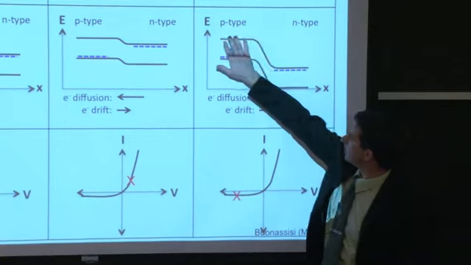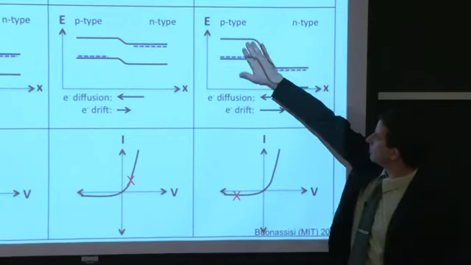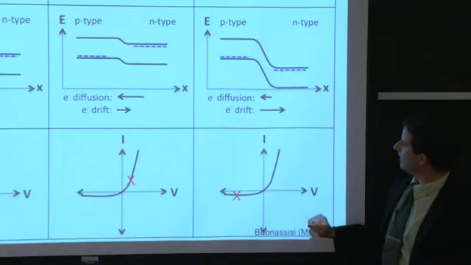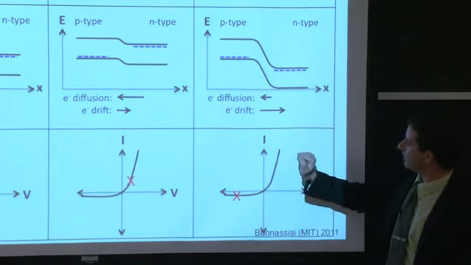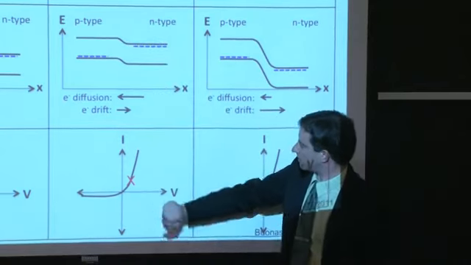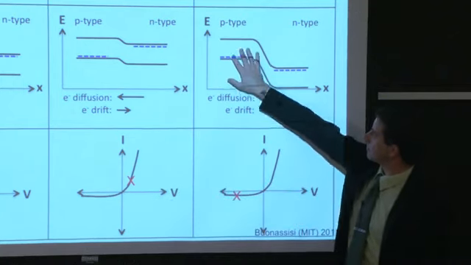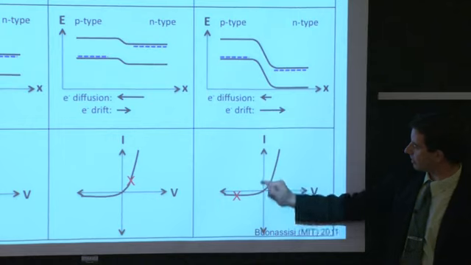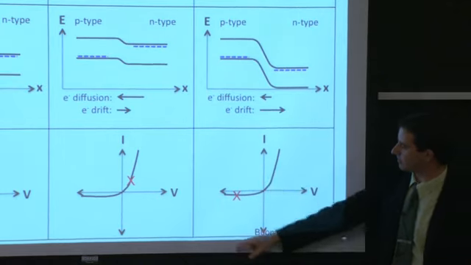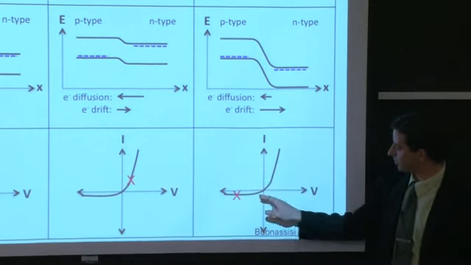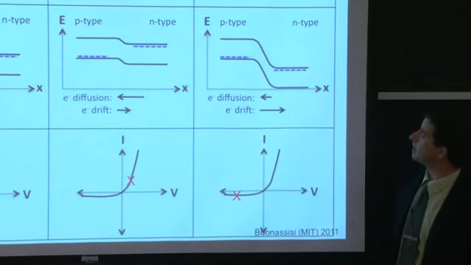They'll have difficulty going from that side to that side, whereas the drift current is larger because of the larger electric field. And as a result, the drift current will dominate. And so now instead of electrons flowing from n-type to p-type, which we had defined as positive current, electrons are flowing from p-type to n-type in net, which we define as negative current, and that's why our current has changed signs. Over here, notice that we're in positive current territory, and over here, notice we're in negative current territory.